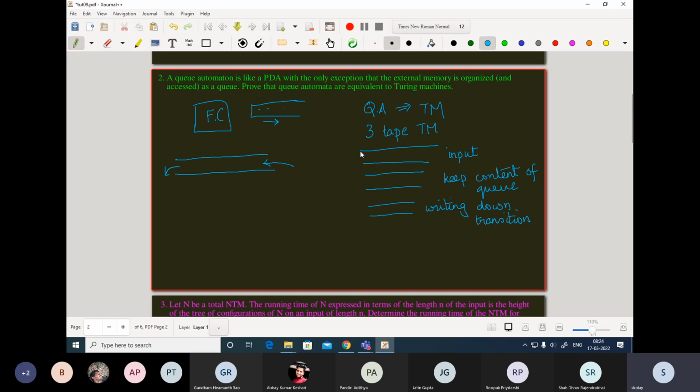Okay, so basically here is your input. Here is a tape that keeps the content of the queue, and this is what you have to update.